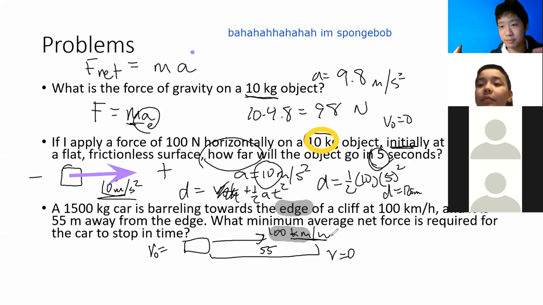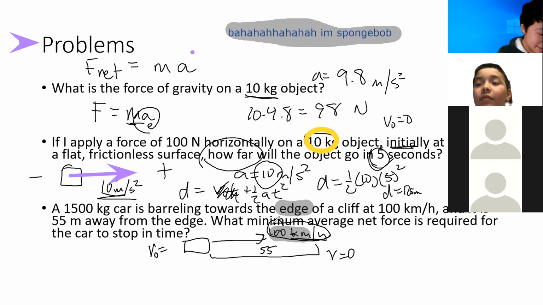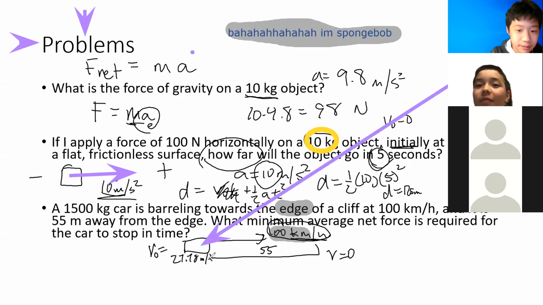You could go through all the big processes of calculating that, but I have a little trick: if you take a value in kilometers an hour and divide it by 3.6, it will directly turn it into meters a second. You can go back and prove that yourself, but this is the trick I'm going to use. If I divide this by 3.6, I get my answer. So my initial velocity is 27.78 meters a second.